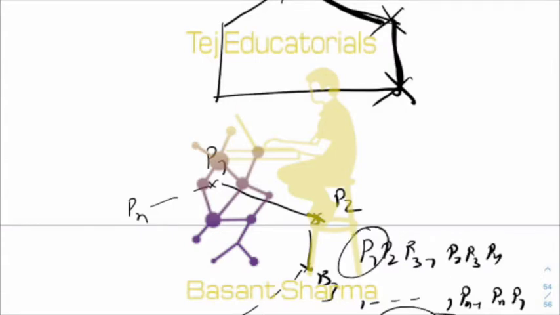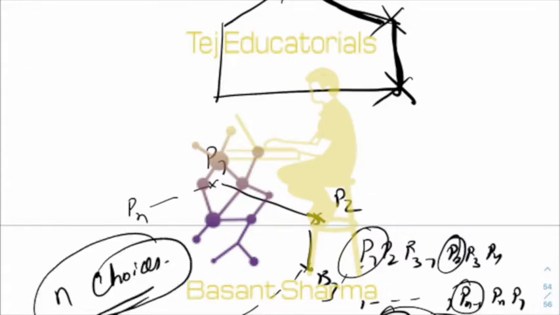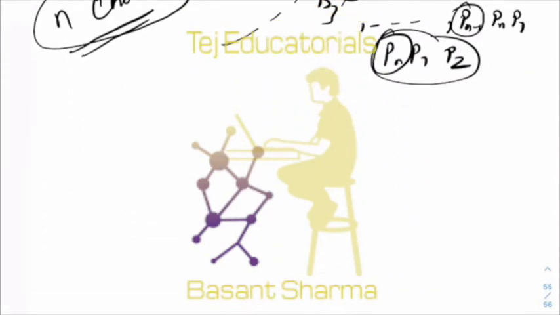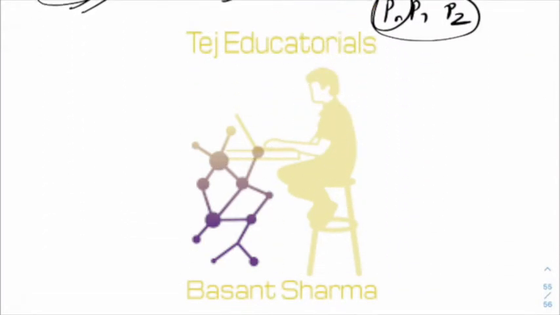So there are n such choices. So basically there are n triangles which can be formed which have two sides in common with the polygon. Then if I ask you to find the total number of triangles which have exactly one side in common with the polygon. Exactly one side.